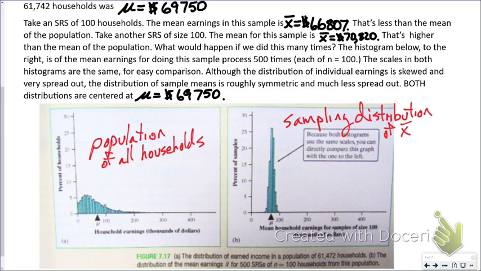What I want you to see is that we have positive skew here. And since they took a sample size of 100, let's add that for n equals 100. Since 100 is a large sample size, it made a normal shape. I know it's very peaked in the middle, and it's not necessarily bell-shaped, but we're going to call it bell-shaped because it's symmetric, peaks in the middle, and trickles off on the sides.